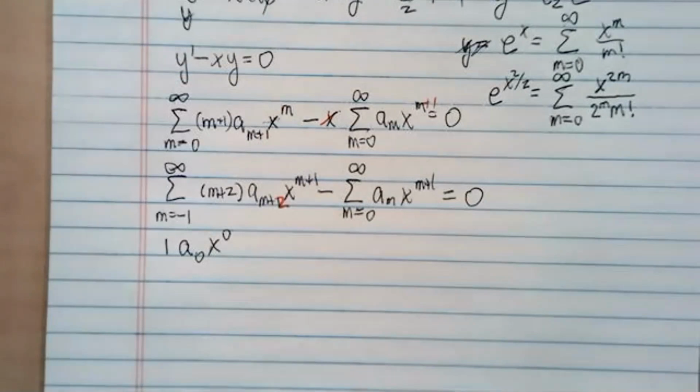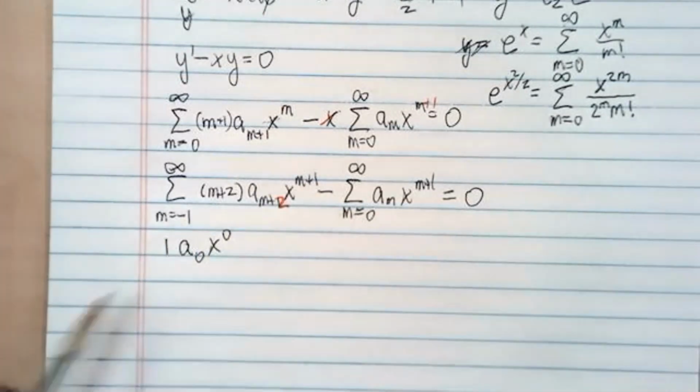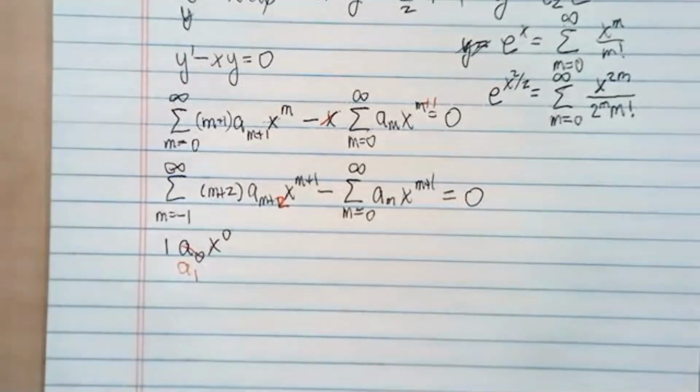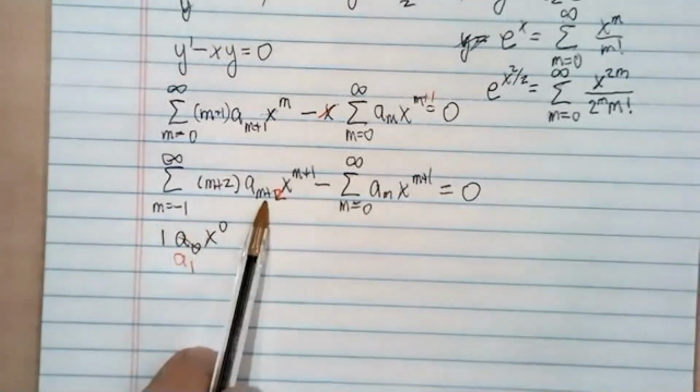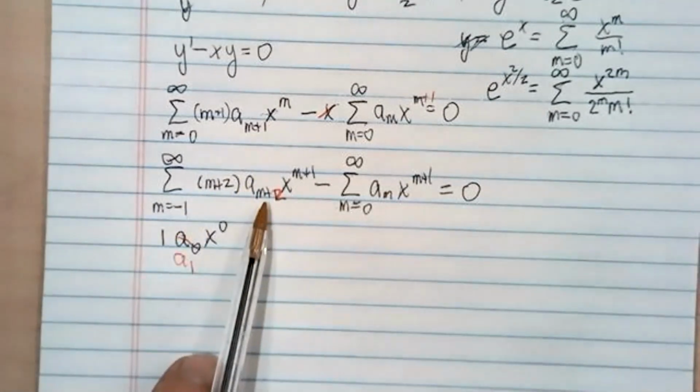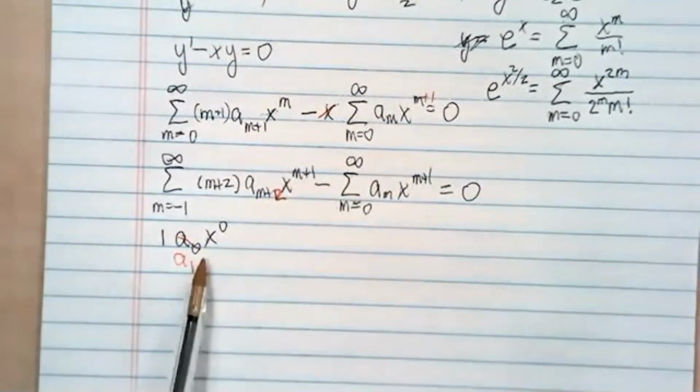Yes, 2. So that changes this, right? When you get minus 1, that makes this a1. m minus 1, yes. 1 a1 x to the 0. Okay.